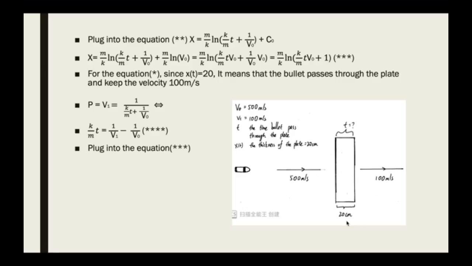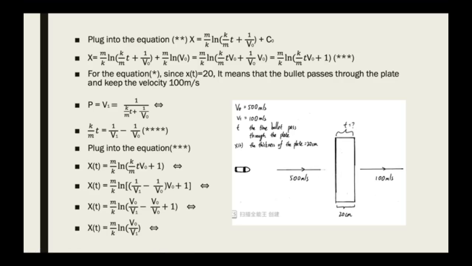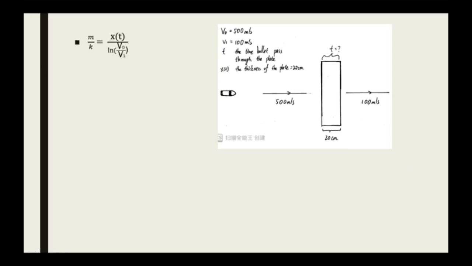We plug back into this formula, and we can get x(t) equal to this equation, and simplify this, we can get x(t) equal to m divided by k ln v0 divided by v1. So we can find the constant m divided by k is equal to this equation.